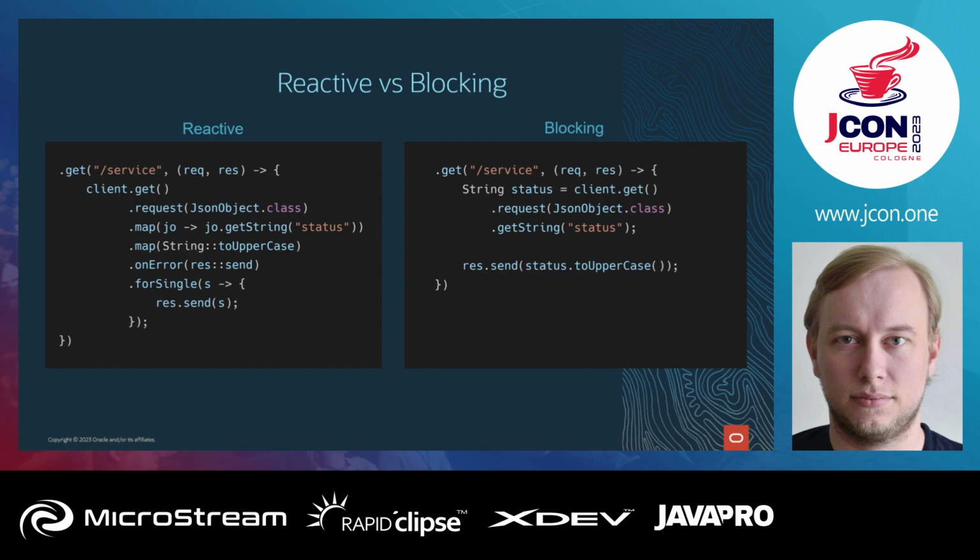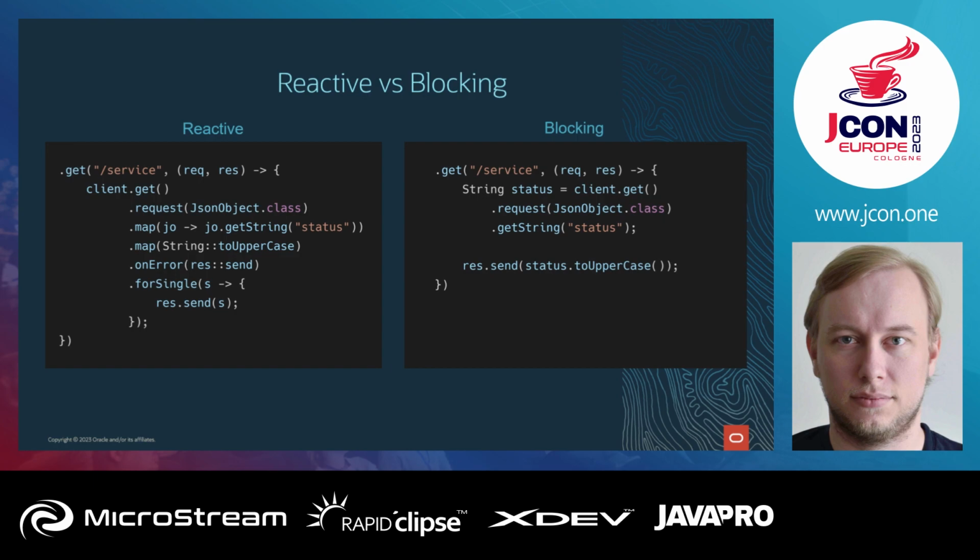So that's one thing. And now let's compare it to the blocking. As you can see, the client performs exactly the same request, but instead of scheduling some mapping operations to it, we will just say, all right, once this is done. By the way, this is a different client, this one is a blocking one, not a reactive one like this one. But the API is the same, or nearly.